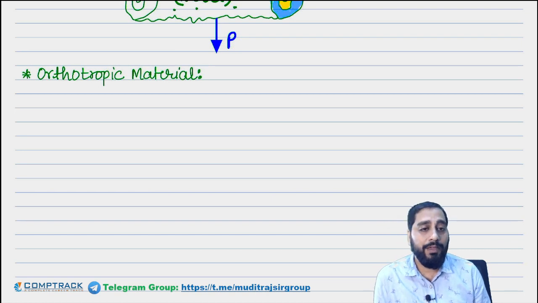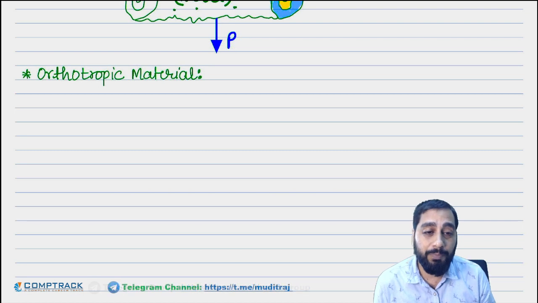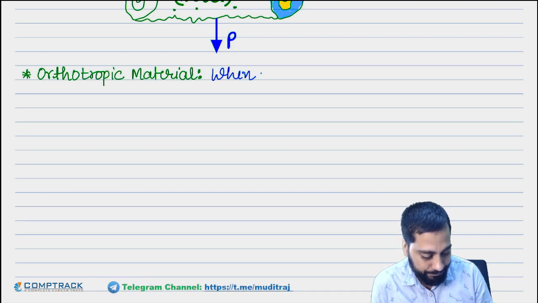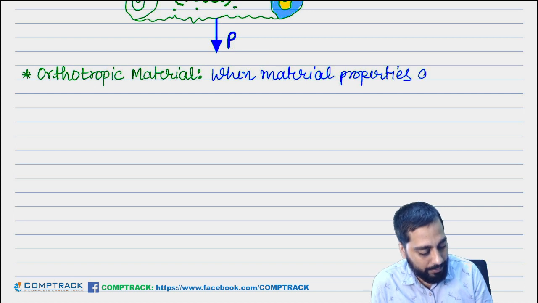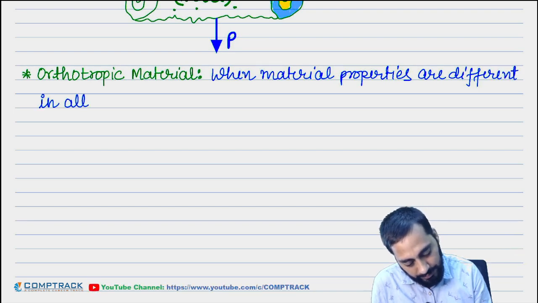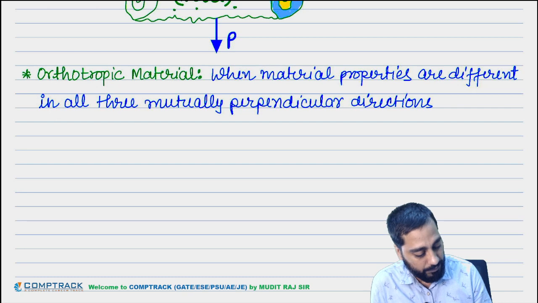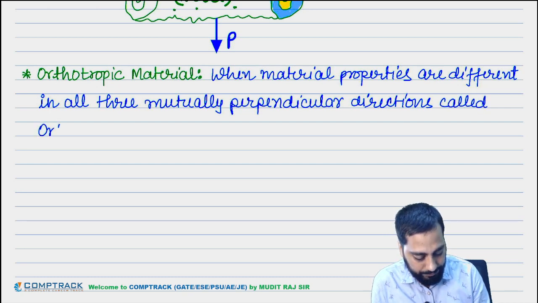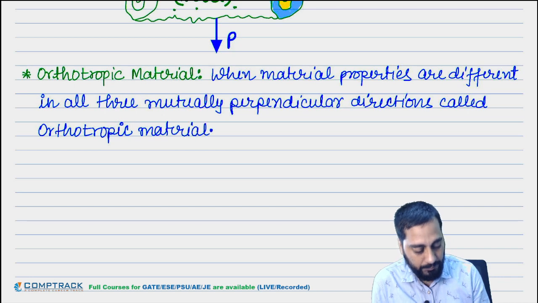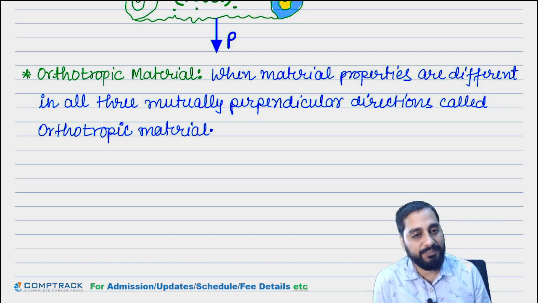So for the orthotropic, write down: when material properties are different in all three mutually perpendicular directions, it is called orthotropic material. That's it.